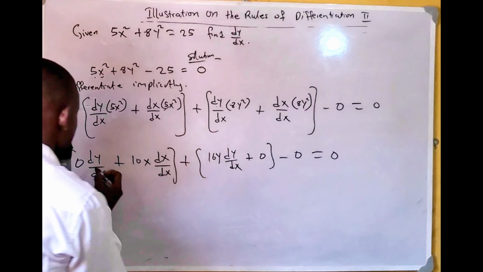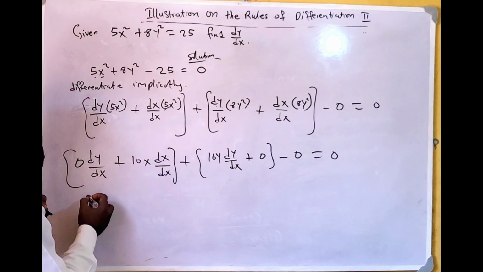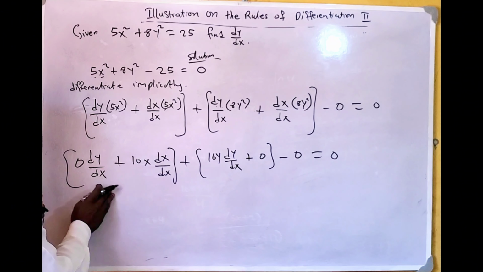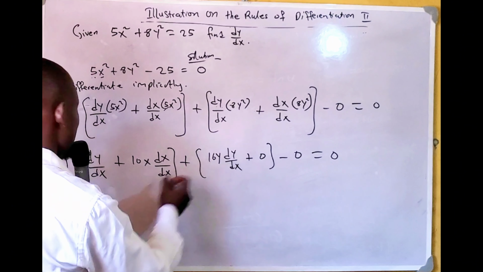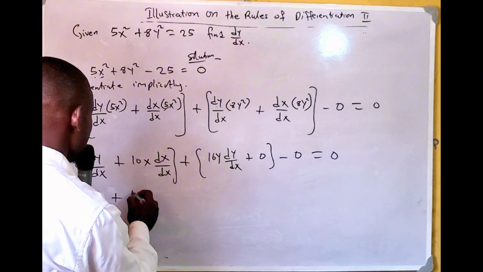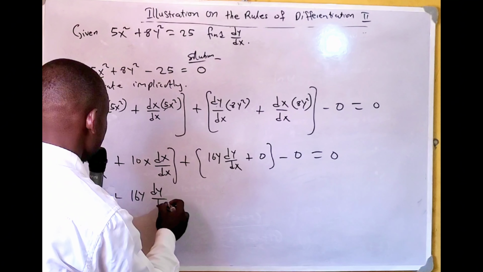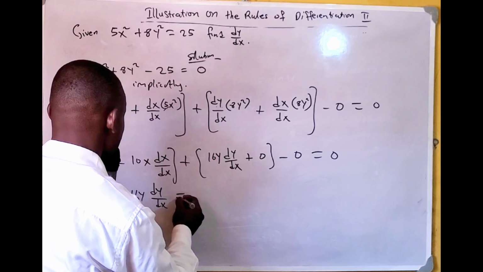So when we write this out, this will be 0, this will be 10x, since dx/dx is the same thing as 1. Plus 16y dy/dx. This is 0, this is 0, equals 0.